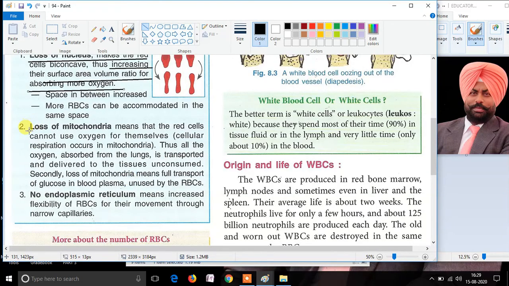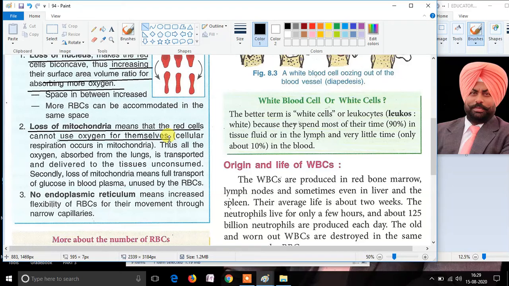The red blood cells don't carry mitochondria also. They don't have mitochondria. It means that red blood cells are not using oxygen for themselves, because the purpose of mitochondria is to release energy by using oxygen.